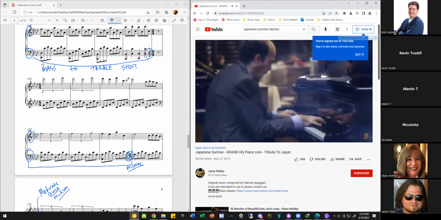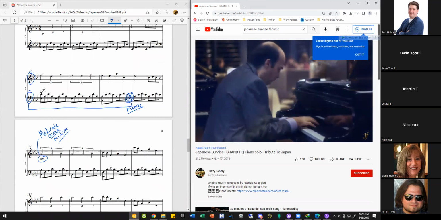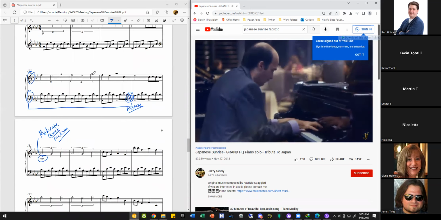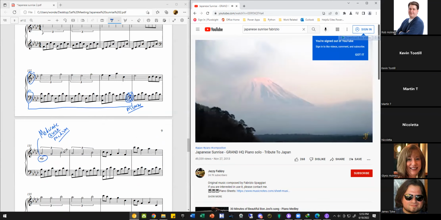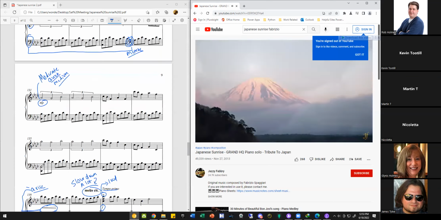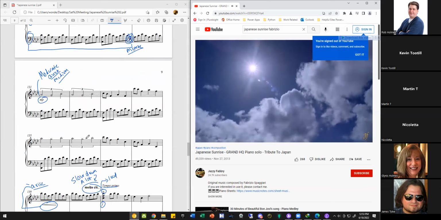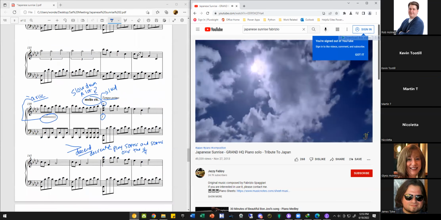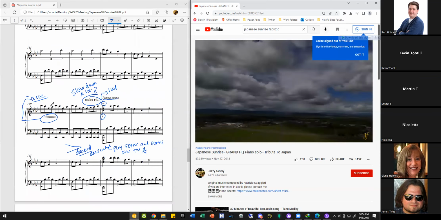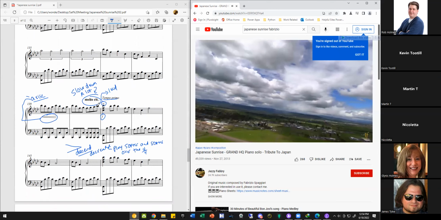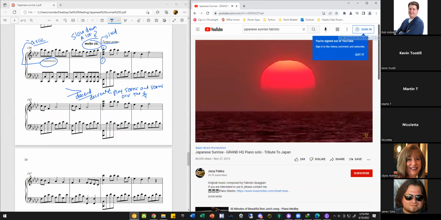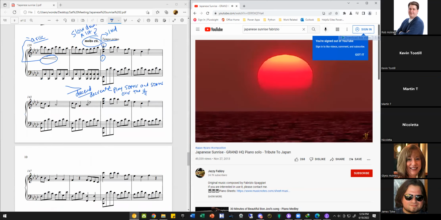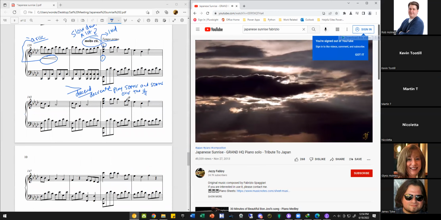Couplet. Look, yes, it's increasing. Molto ritenuto. This is the main theme.